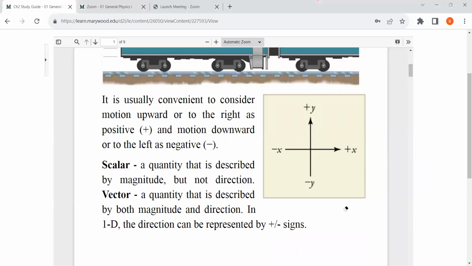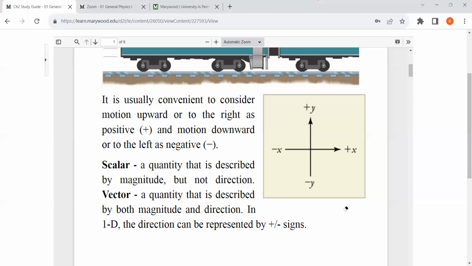If I want to know the distance of my college from my home, then let's say the distance is 5 kilometers. So we just need the 5 kilometers. On the other hand, there are some other quantities you will be learning in this course. To describe those quantities we need both magnitude, I mean both a number as well as the direction.